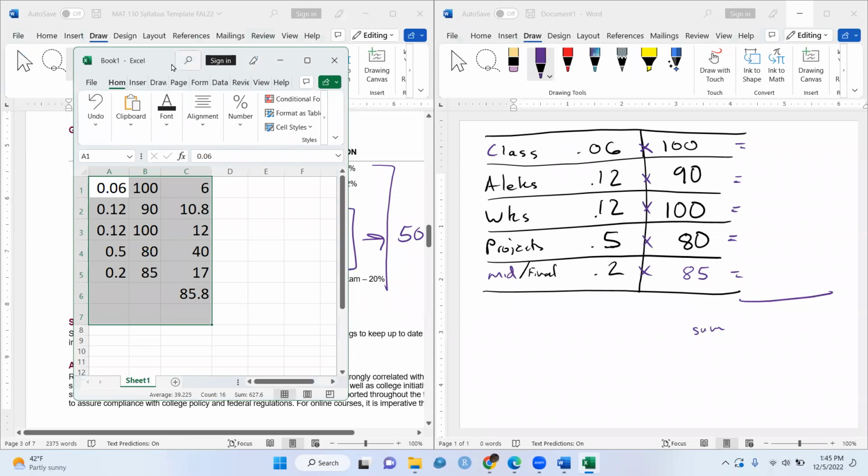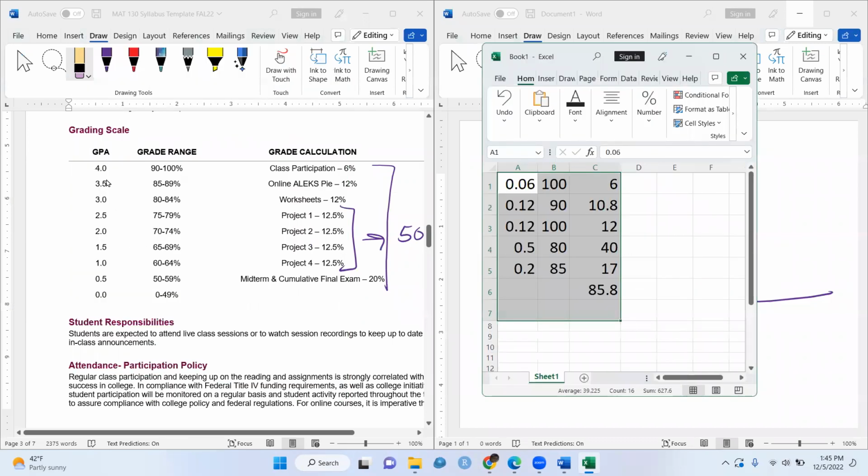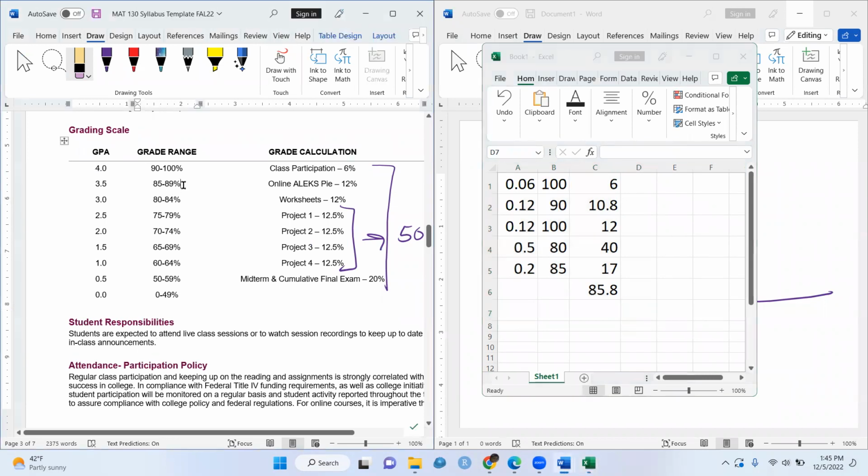So what would their final grade be? Here is how the grade is then entered into Jetstream. Because an 85.8 falls between the 85 and 89 range, you would end up with a 3.5.